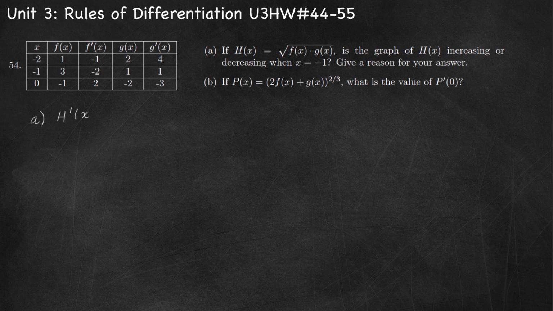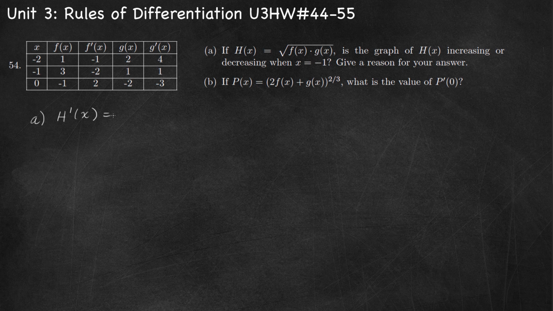H prime of x is going to be the derivative of the square root of f times g. So we're going to need the chain rule for this. The inside function is f times g, so u equals f times g. The outside function is y equals square root of u.